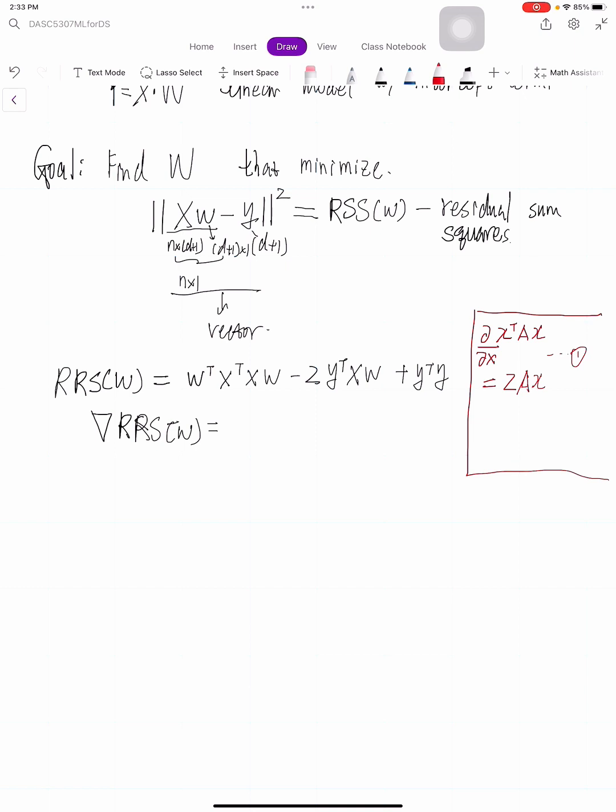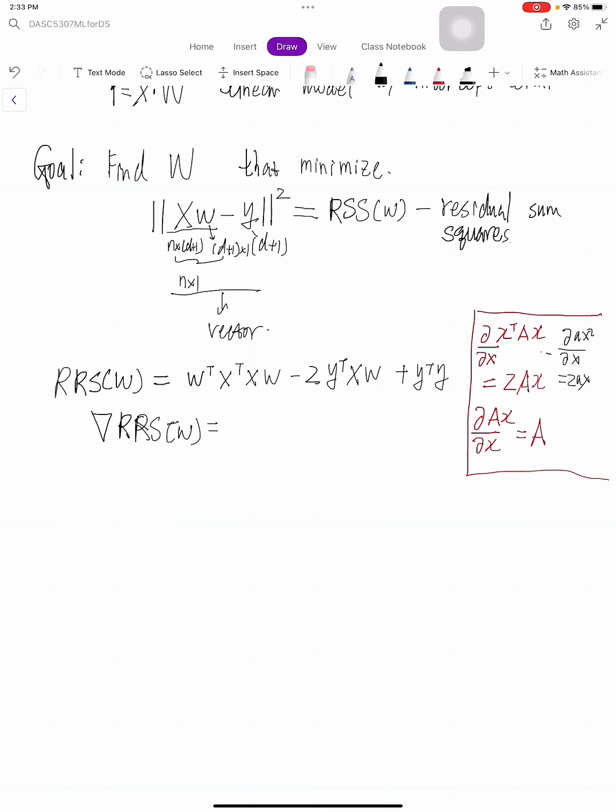The second formula is, if you have a matrix multiplied by a vector, you take the partial derivative with respect to the x vector, this will equal the matrix A. It's very similar to our univariate calculus problem, like if you take the derivative of a x square with respect to x, you get 2ax.